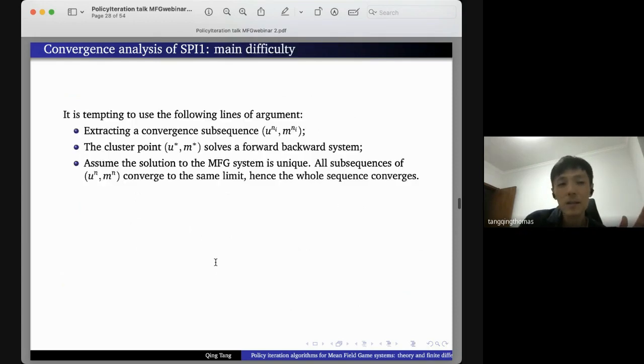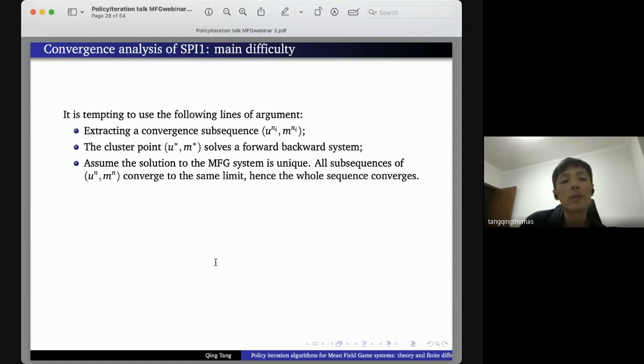Okay, the difficult point. Let me explain the main difficulty. The idea would be to extract a convergent subsequence of U and M, because I can show they are uniformly bounded in some norms, and extract convergent subsequences. The cluster point, the limiting point, would be solving some forward-backward system. And I want to use the fact that the MFG solution is unique.